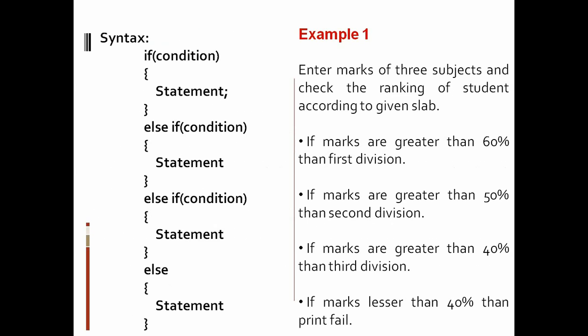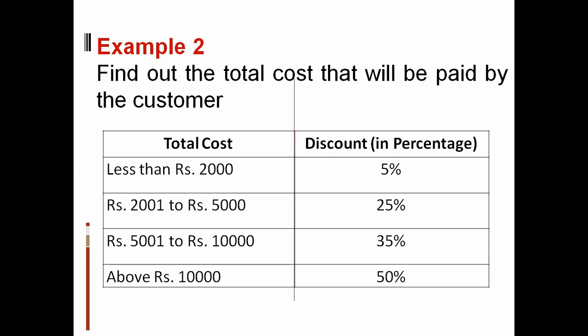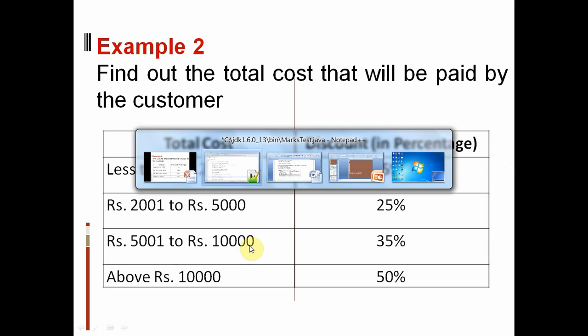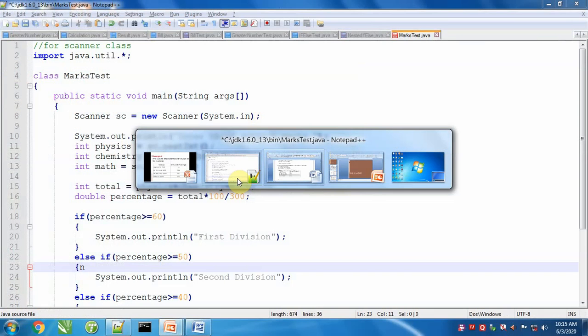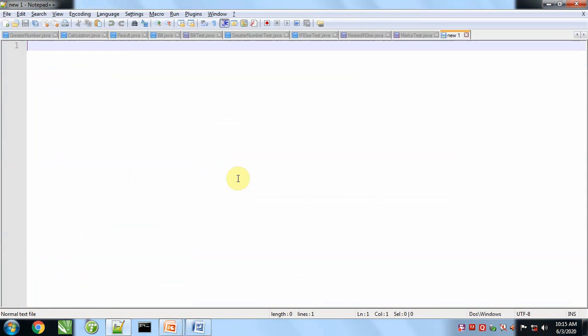On the basis of the same concept, today we will study the second example. In this example I will use the logical AND operator to sort out this operation. So let us start. First of all we will open Notepad++ and here we will import the util package for the Scanner class.